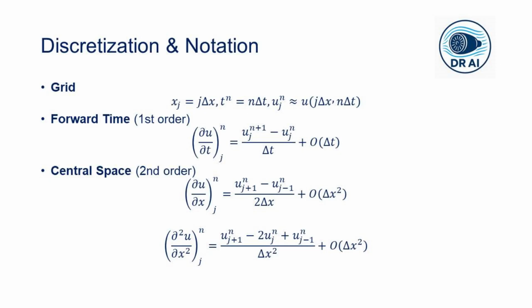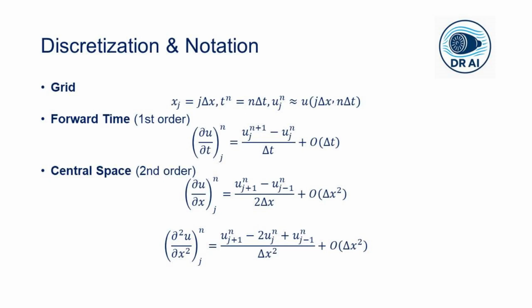Now, to solve these equations on a computer, we discretize the space and time. We introduce a grid as x_j equals j times delta x, where j ranges from 0 up to N_x, while t^n equals n times delta t, in which n is any number from 0, 1, and so on. The numerical approximation of u at a grid point j, n is denoted as u subscript j with a superscript n.